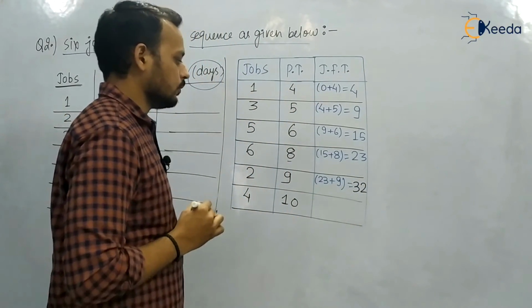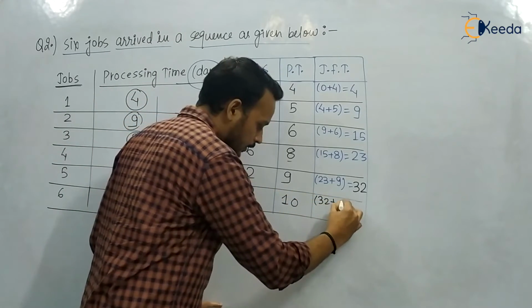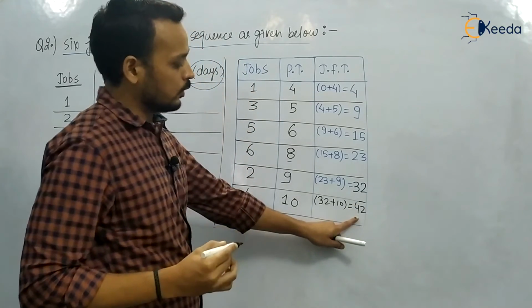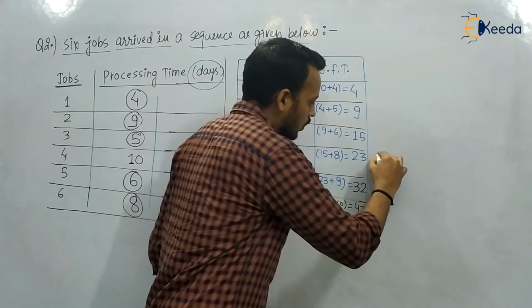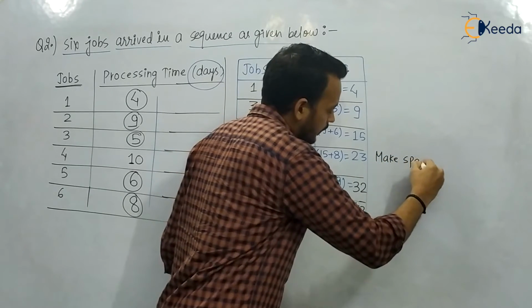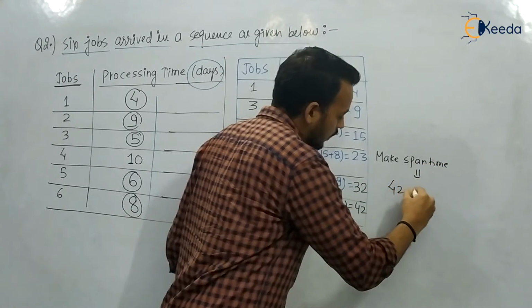Now 32 plus 10 is going to be 42. So what is this 42? This 42 is known as the makespan time. If they are asking to find the makespan time, it is going to be 42 days.